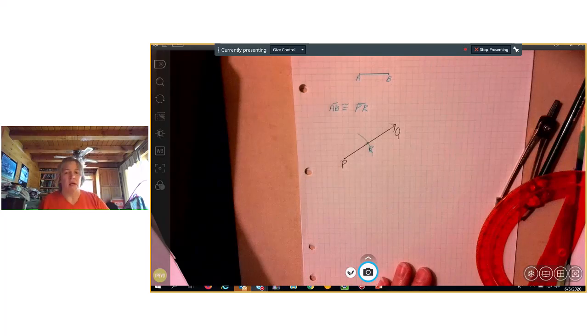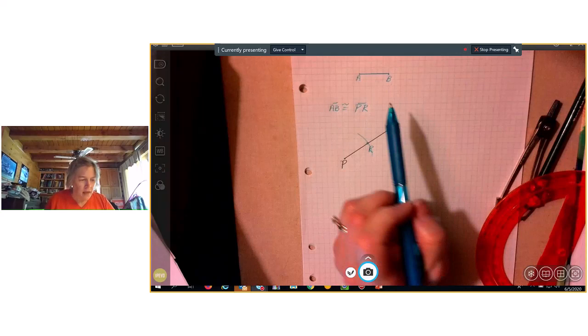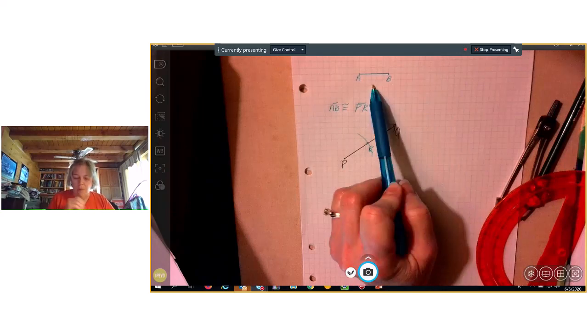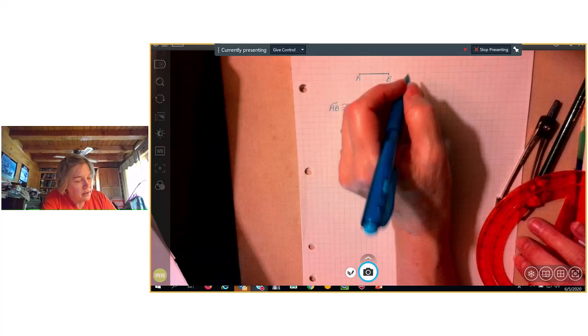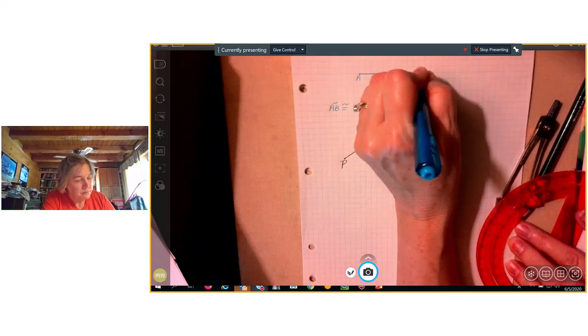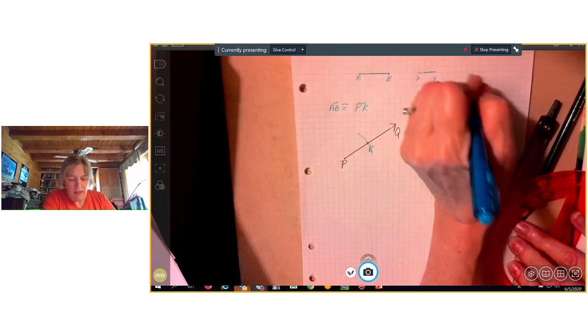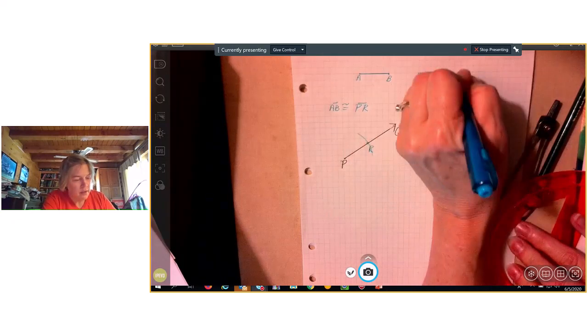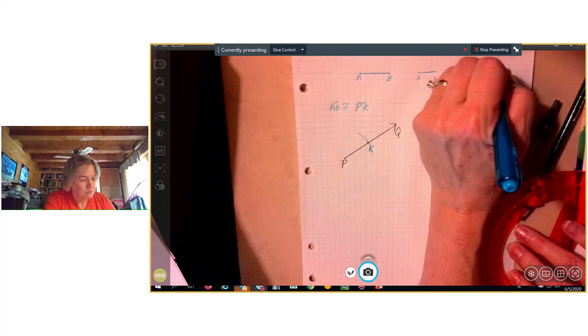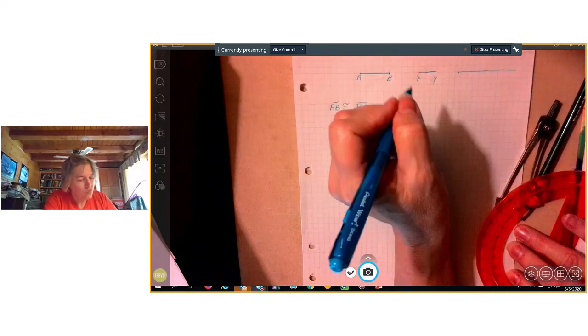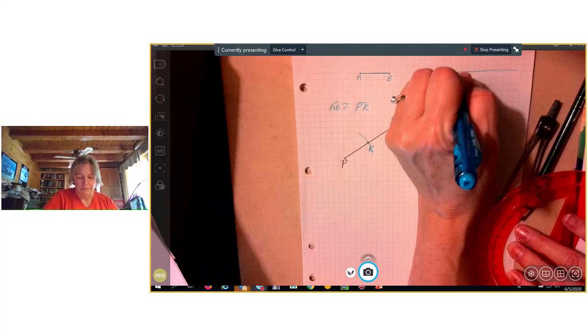So if we use this same line here, AB, and then I draw another line, XY, and then another one, CD, let's say.